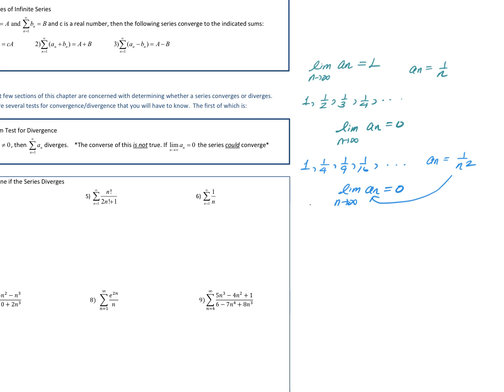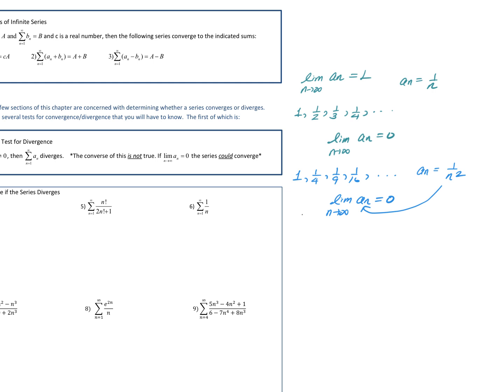If I was to add up these terms and did the series, 1 plus 1/2 plus 1/3 plus 1/4, this diverges. And if I were to add this one up, 1 plus 1/4 plus 1/9 plus 1/16, this converges.